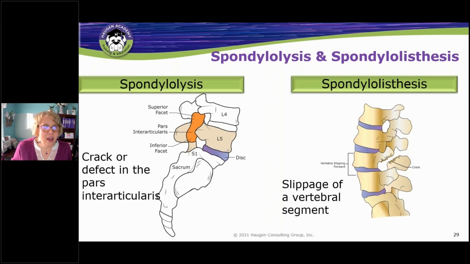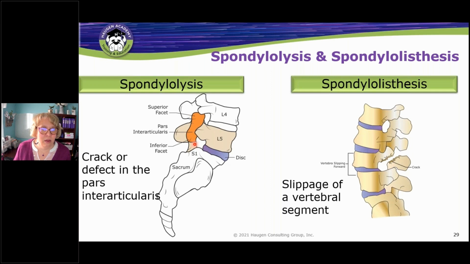So on the posterior part of your spine, you've got a small segment of bone called the pars interarticularis that joins the facet joints in the back of the spine. And its purpose is to prevent the spinal segments from slipping forward.